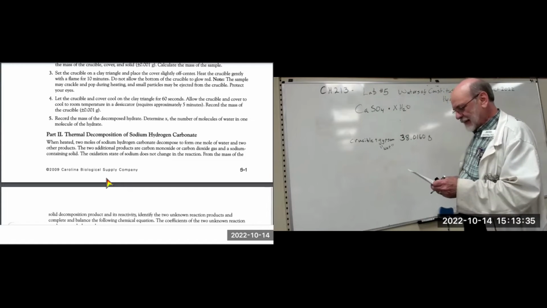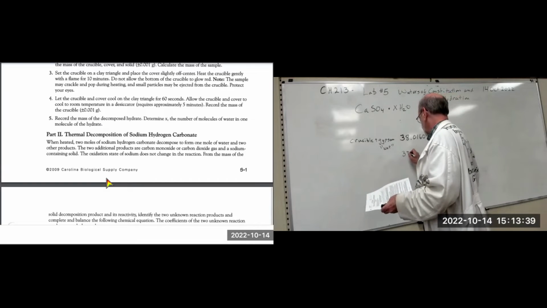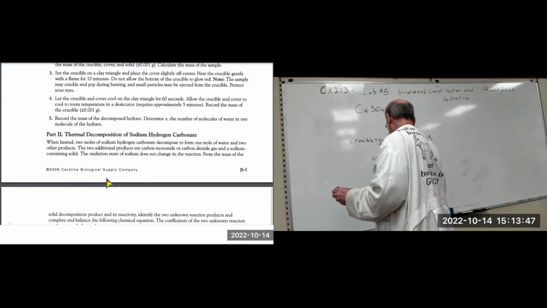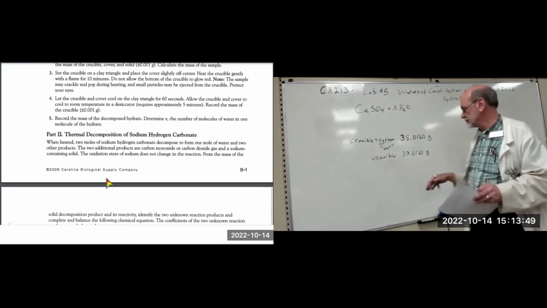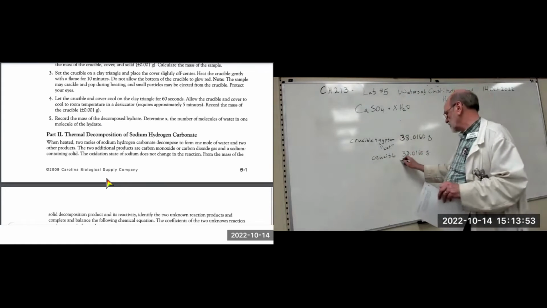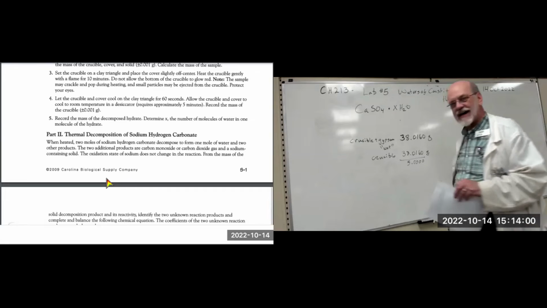Then the problem says the empty crucible weighs 33.0160 grams. This is the crucible with nothing in it. Now, how much does the gypsum weigh? Subtract the two. 5 grams.